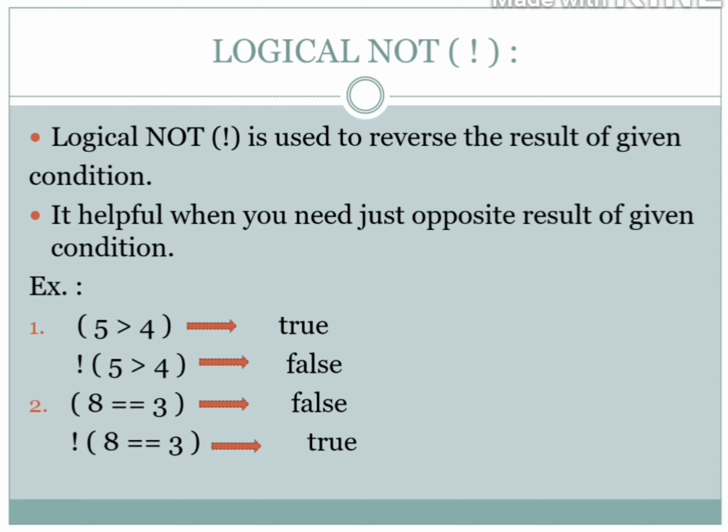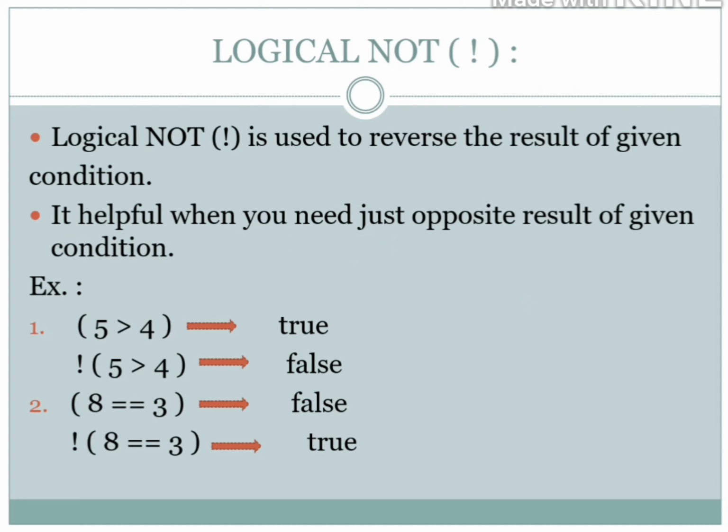First of all, we are going to check what logical NOT is. Logical NOT is used to reverse the output of a given condition. If the condition provides us true, logical NOT says false. If the condition provides us false, logical NOT says true.